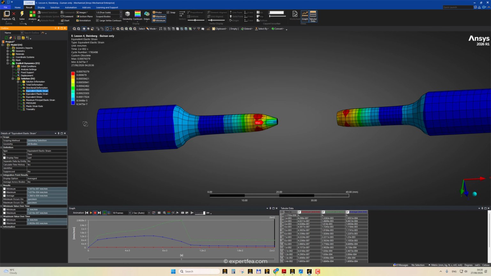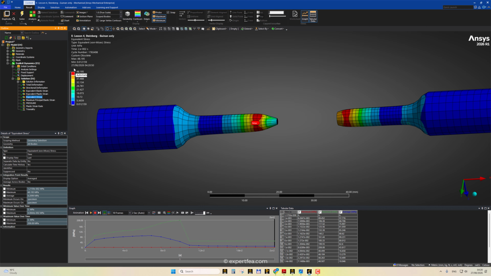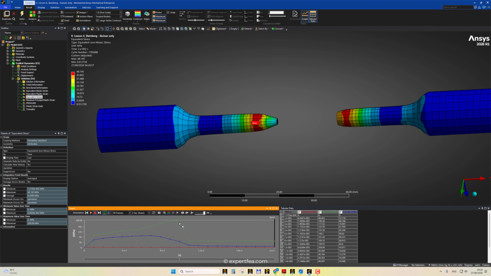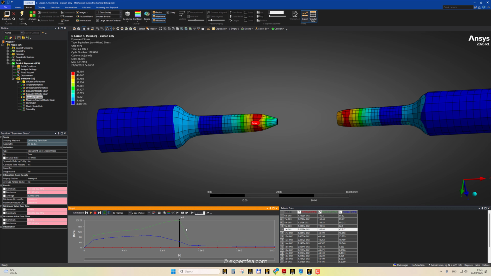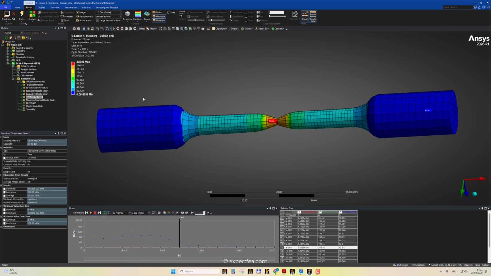Let's look at the elastic strain with the maximum here. Plastic strain. The stress is pretty small because it's after the fracture, but we do have a big value exactly before the breaking.